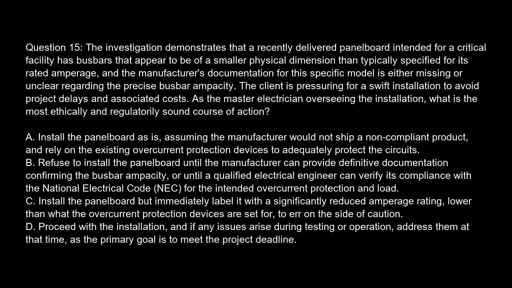Option C. Install the panel board, but immediately label it with a significantly reduced amperage rating, lower than what the overcurrent protection devices are set for, to err on the side of caution. Option D. Proceed with the installation, and if any issues arise during testing or operation, address them at that time, as the primary goal is to meet the project deadline.